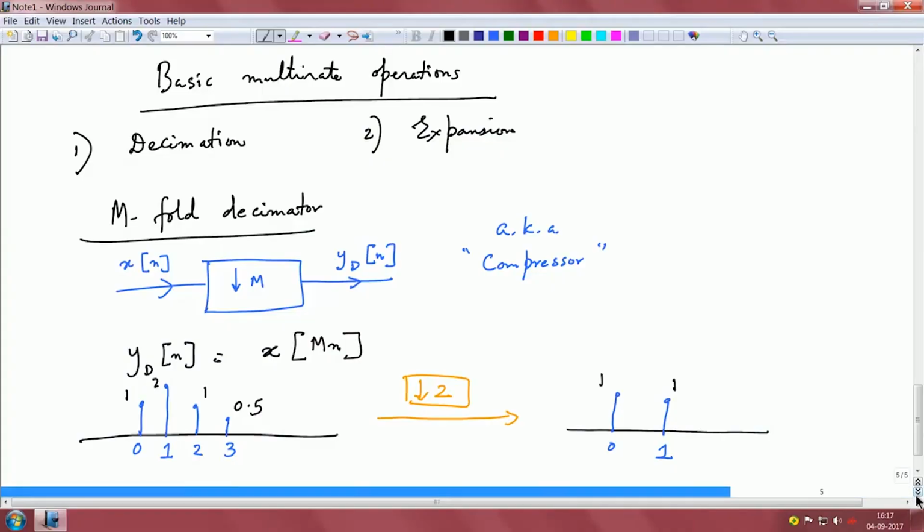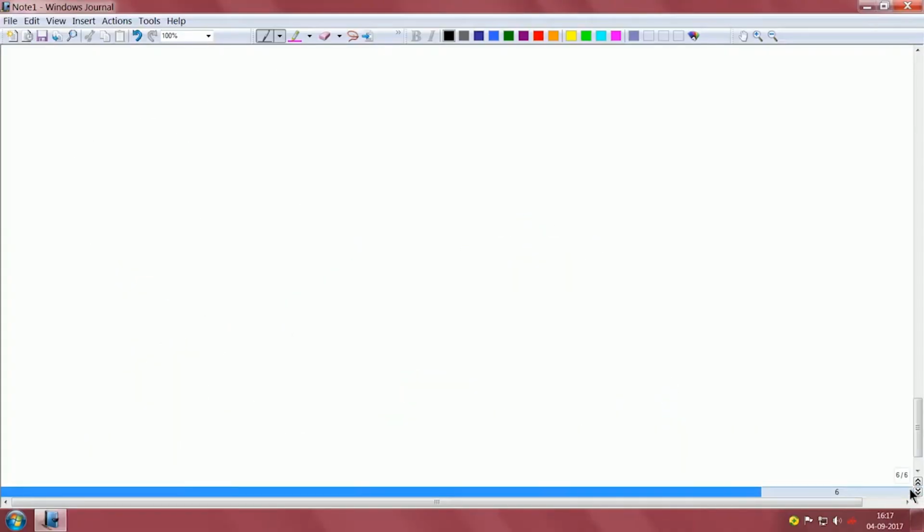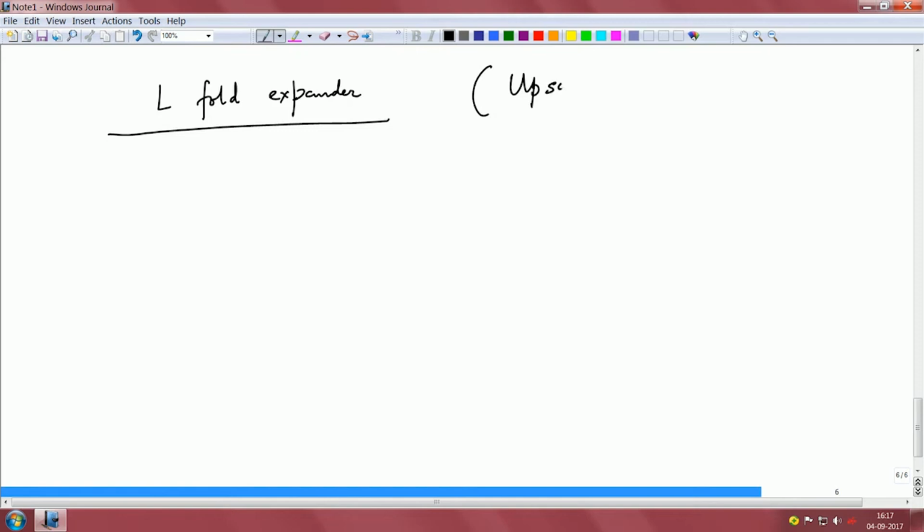Okay. So, similar to the decimator, we have another important block which is an L-fold expander, and let us see what this expander does. It is also called an upsampler.